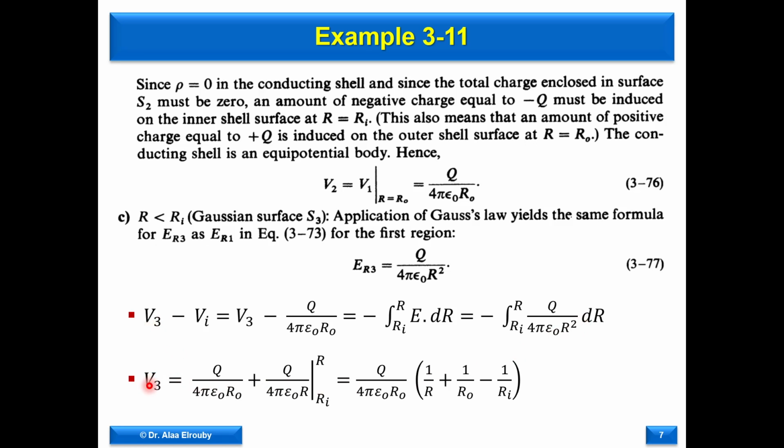So V3 will equal, this will go to the other side as positive, Q over 4 pi epsilon naught R outer, plus the integration of this with respect to R, which is negative, will cancel this negative sign, and it will equal Q over 4 pi epsilon naught R from Ri to R, just substituting and rearranging the terms.